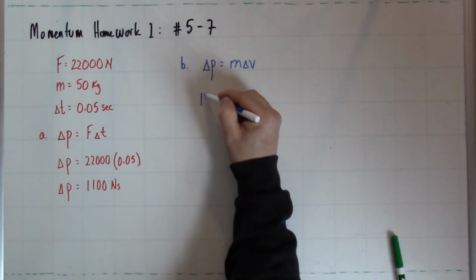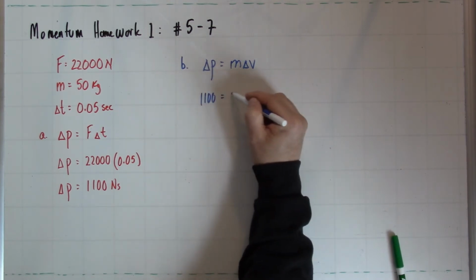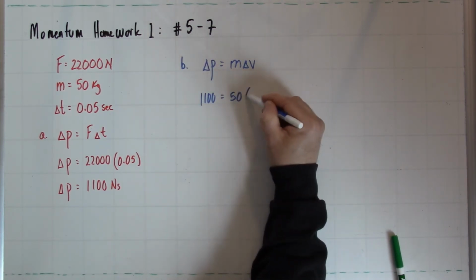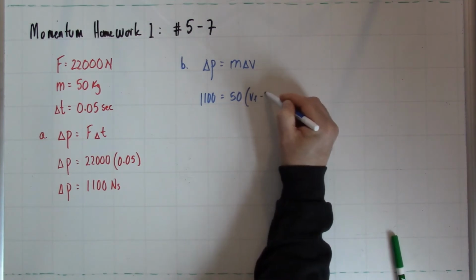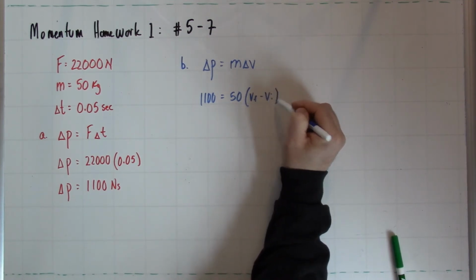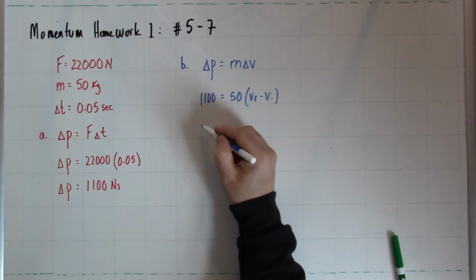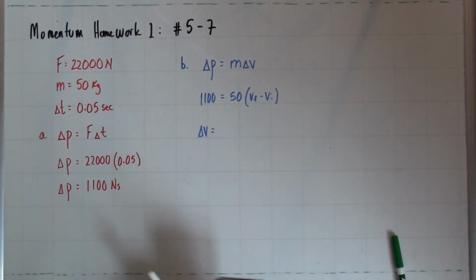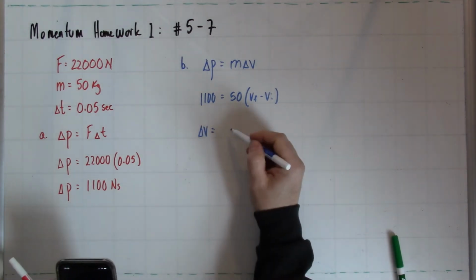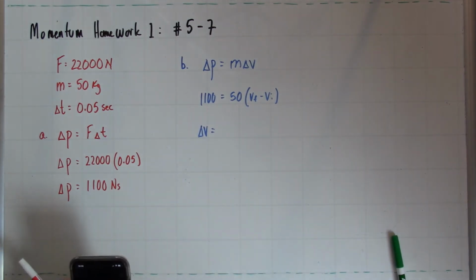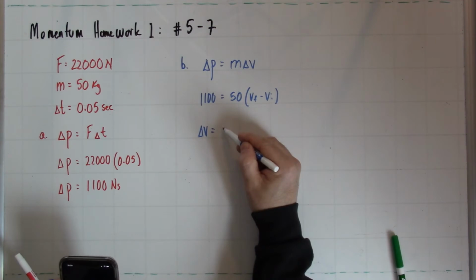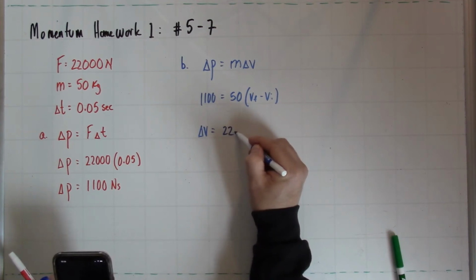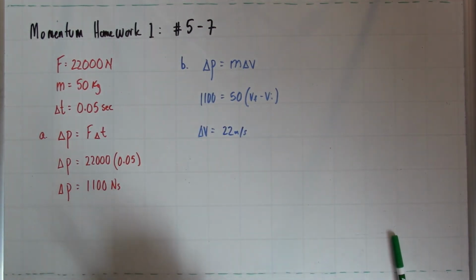If I know that this is 1,100, and the mass is 50, actually, this time it asks for the change, so we're just going to calculate that directly. So the change in velocity is equal to 22 meters per second.